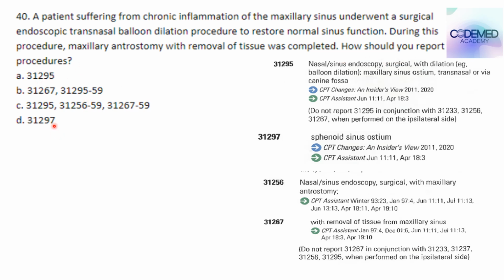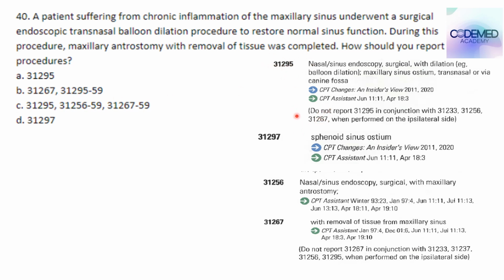And we have this code 31295, which talks about the surgical endoscopy with a dilation, maxillary sinus ostium, transnasal or via canine fossa. And below that, there is an important parenthetical note: do not report 31295 in conjunction with 31233, 256 and 267. So we have a 256 and 267 and we cannot code this 31295 with this code.